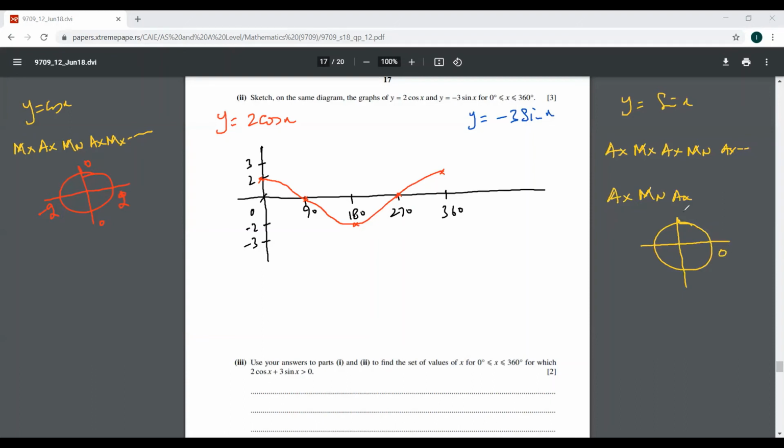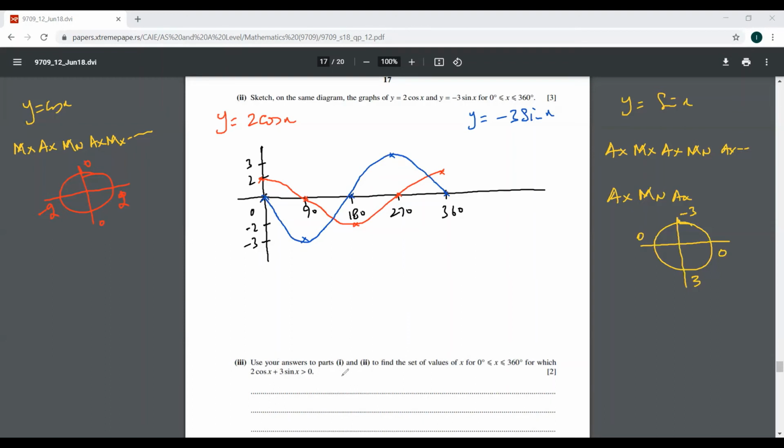Here it is going to be 3, and because of minus 3 sin x, you will have minus 3 here. So axis, minimum, axis, maximum, and here is the axis. So you will have the sketch like this. That is the graph of y equals minus 3 sin x.